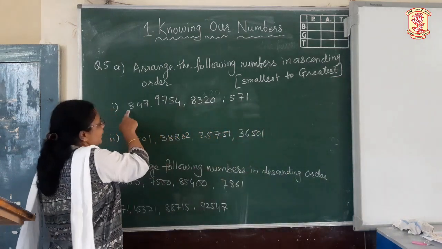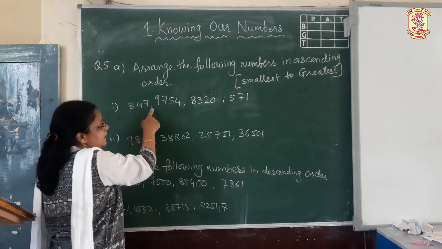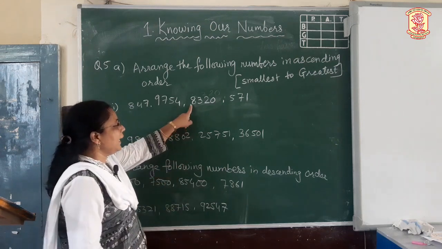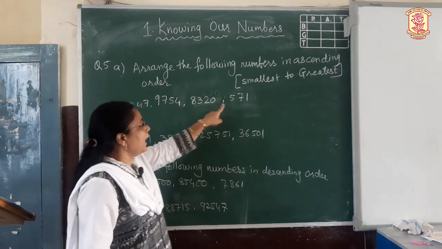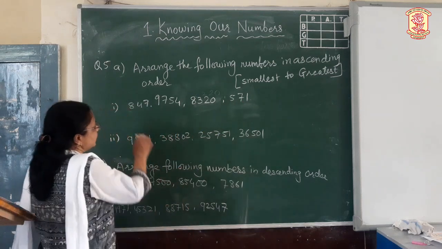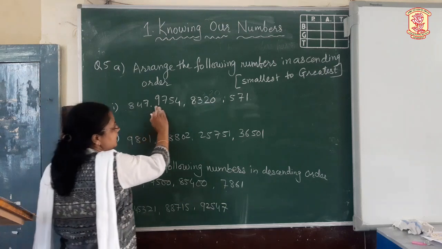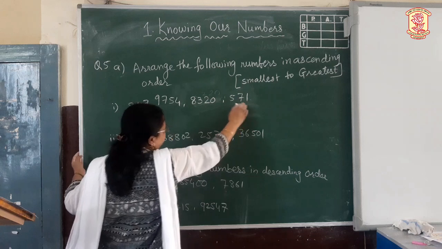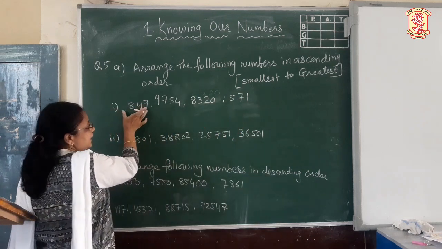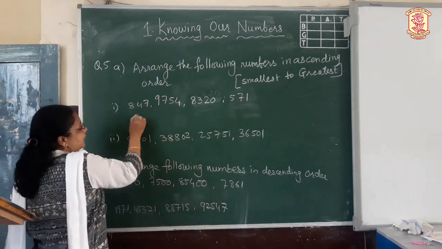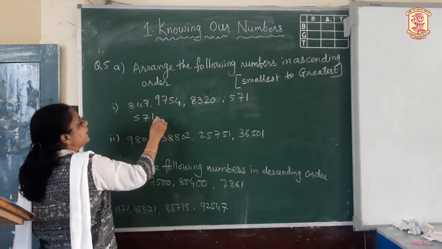Now see, first number 847, second one 9754, third one 8320 and fourth one 571. This is a 3-digit number, this is a 4-digit number, again a 4-digit number and this is a 3-digit number. From these 3-digit numbers, first we select the small number, that is 571.